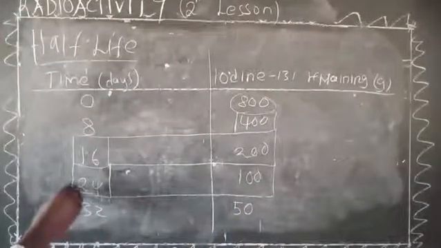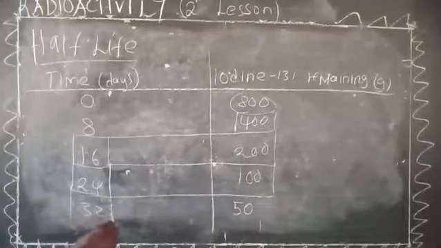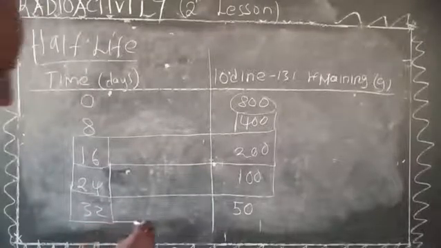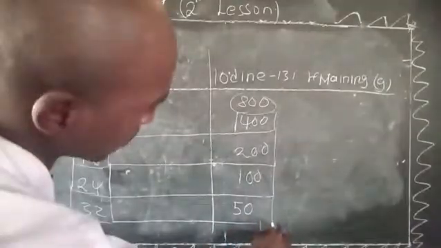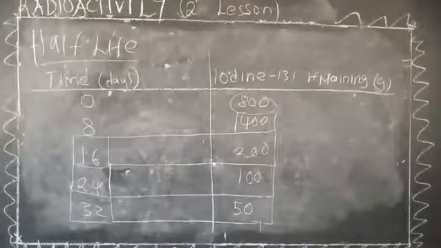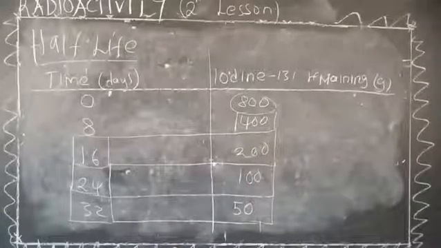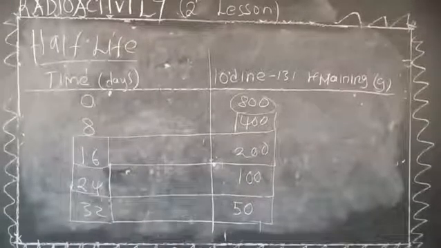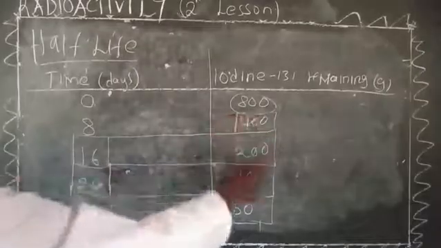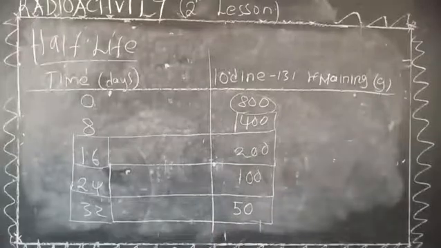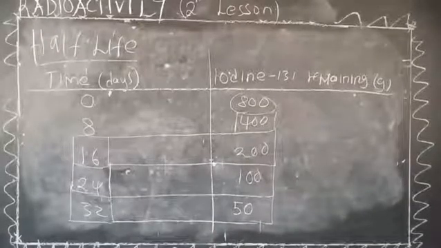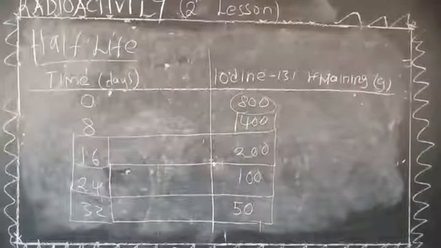And finally, if you add an additional 8 days again, you note that the mass of iodine that is remaining is only 50 grams. It does not actually stop there. It can proceed further and further until this mass of iodine keeps on reducing to a very small amount in grams.